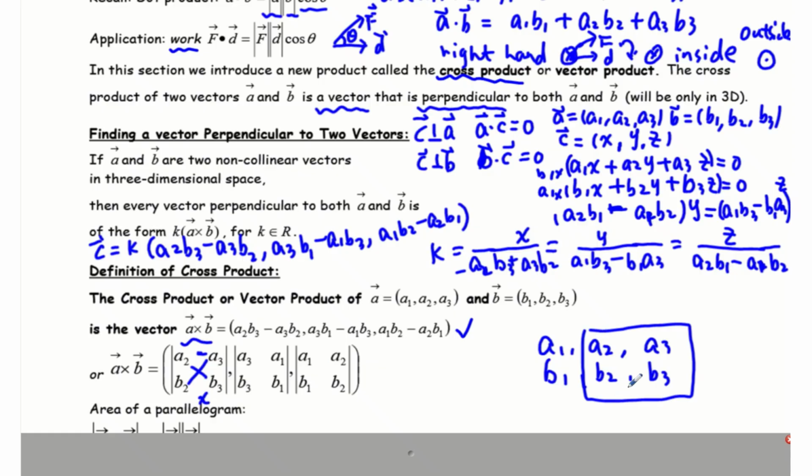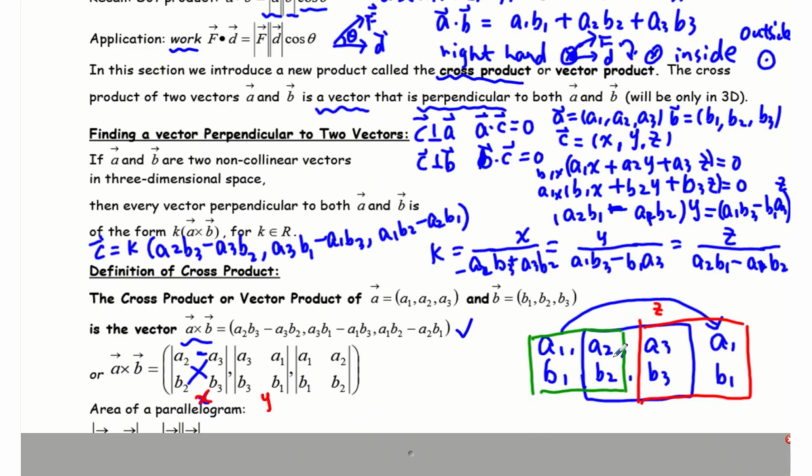And for the y direction, we just continue: put A1, B1 here, just move it to here. Then we have A3, B3, A1, B1. This is for the y direction. And for the z direction, it is just the first part: A1, B1, A2, B2.